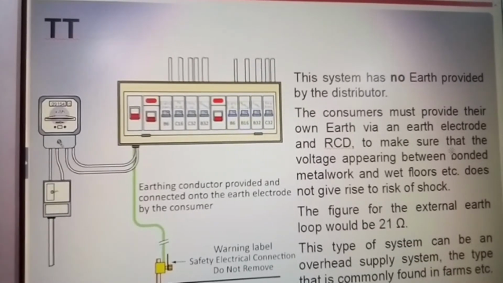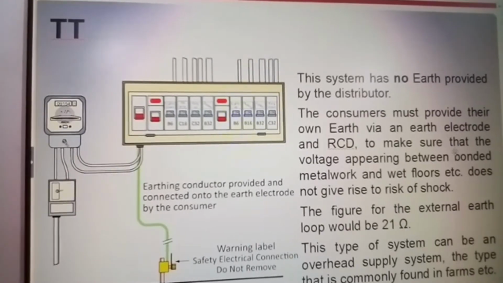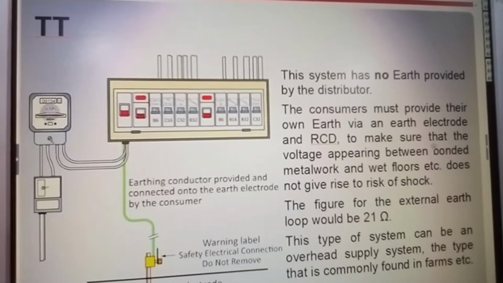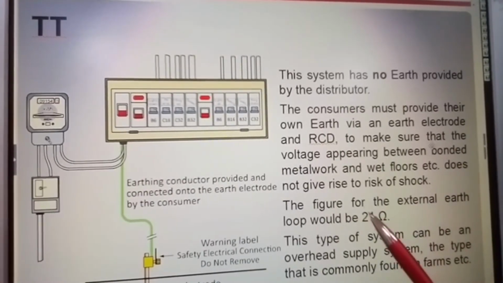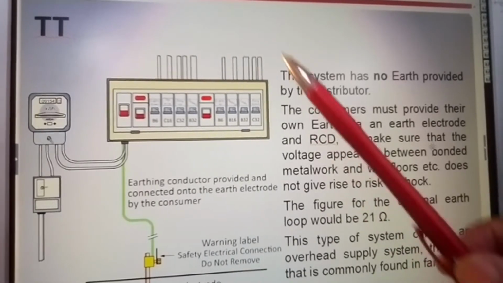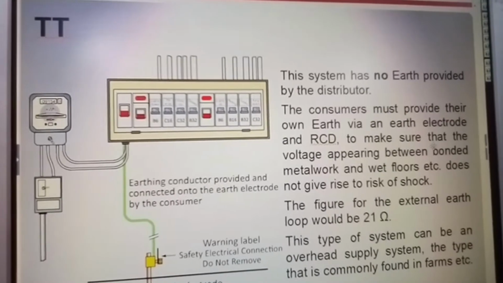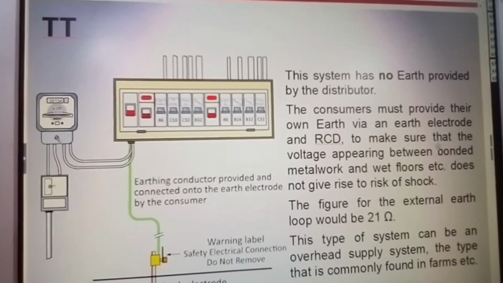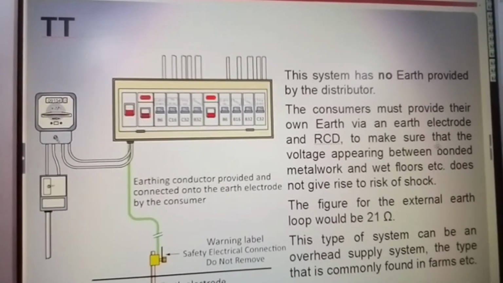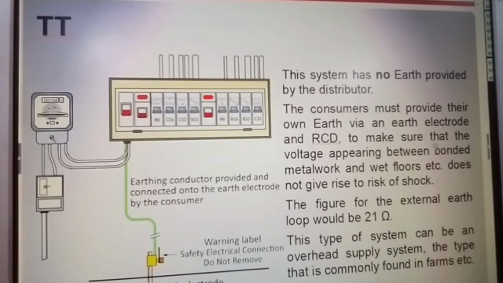Now don't do what some people do, wet the ground to get a better earth connection, because when the ground then dries out, you're going to have a massive increase in resistance which will exceed that value, which would then not operate your protective device. So you need to be sure that your earth electrodes will have variations so that they can find the best point at any time, whether the ground is wet or dry.